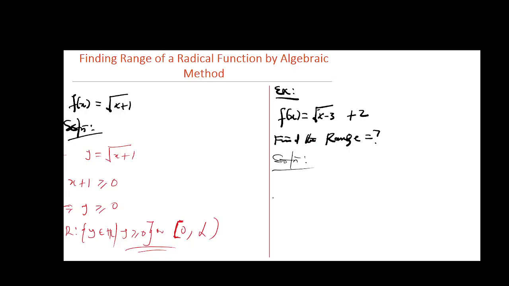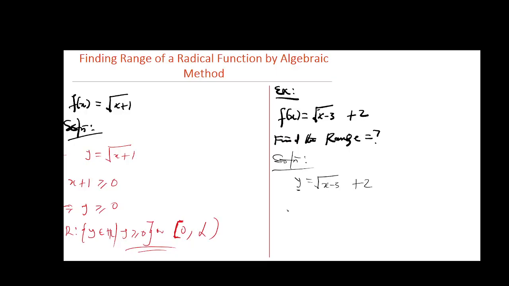Now, if we are to solve this, remember the first step is we rewrite the function in terms of y. So we are going to have that y is equal to root x minus 3 plus 2. All right, we want to separate the square root so that we can apply the property of the square root, the restriction, to enable us get the value of y.